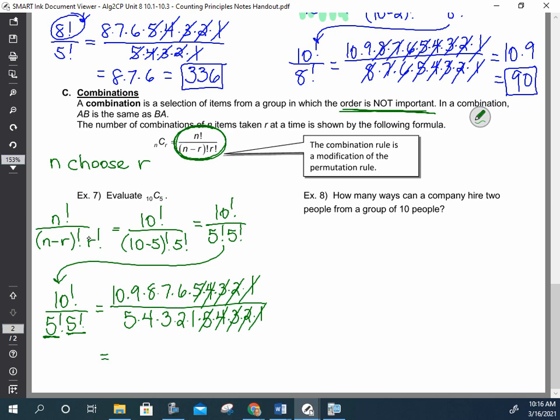So everything else that didn't drop out, we have to solve. So 10 times 9 times 8 times 7 times 6 is 30,240, divided by 120, which is 252.